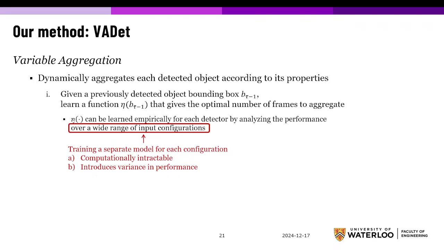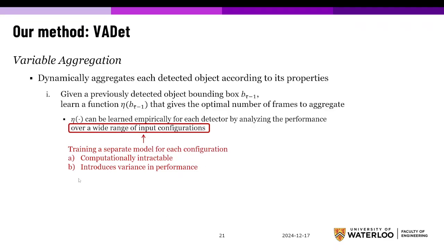So to accurately assess this performance trade-off over a wide range of input configurations, we want to be able to train a wide range of models using each configuration. But that's really computationally intractable. You need to train a lot of models using different numbers of input frames, and then analyze the performance for each object for every single configuration.